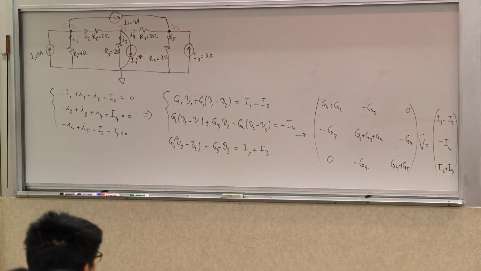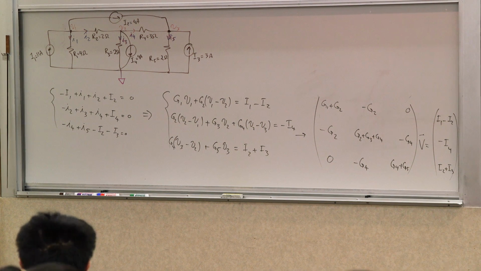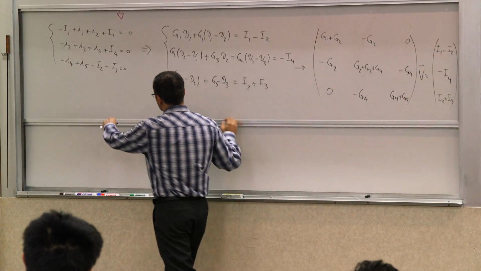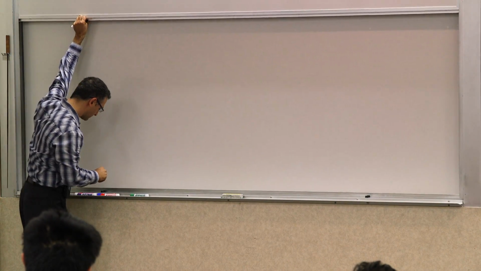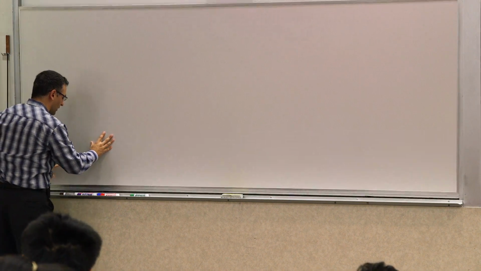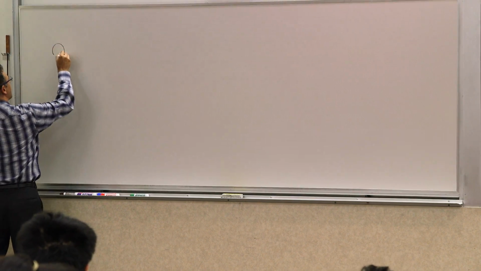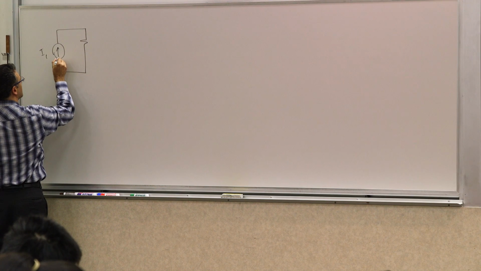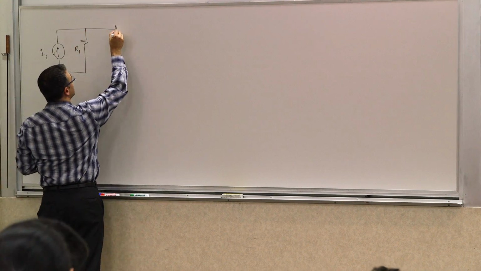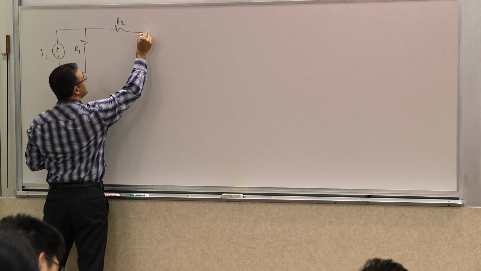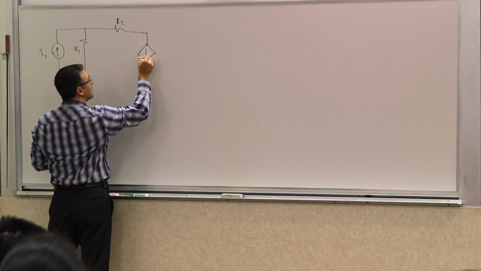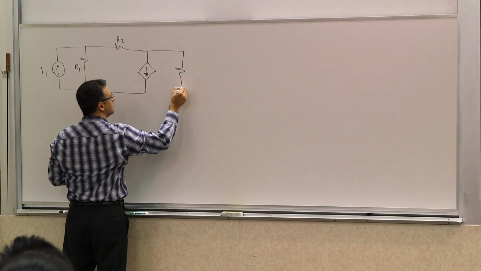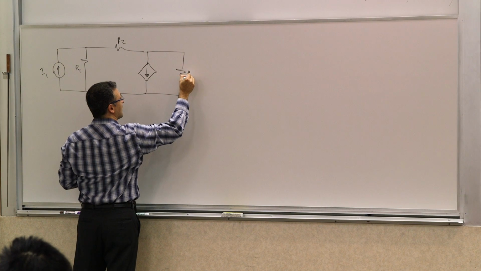So now, how about dependent sources? We said, well, if we have dependent sources, what will happen? Let's look at an example. I'm going to draw another example. So let's say this is I1, R1, R2, R3.